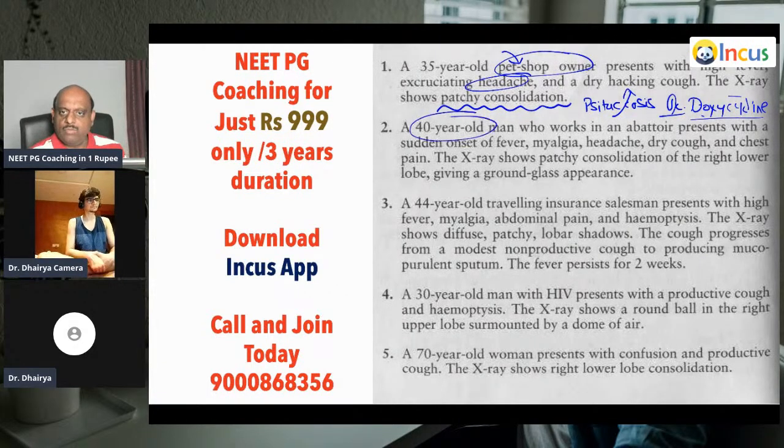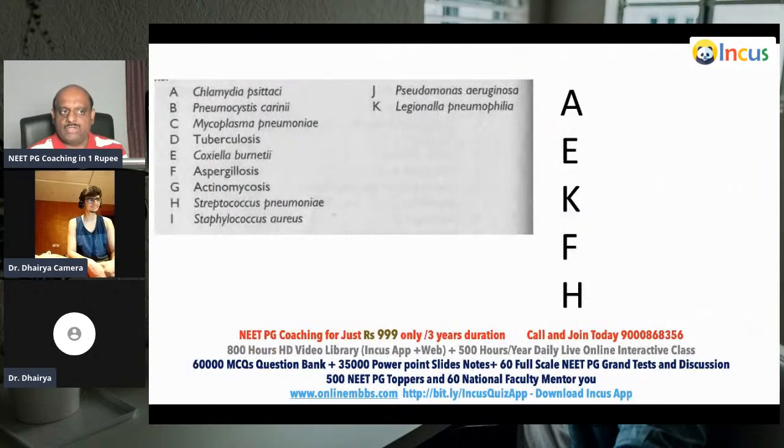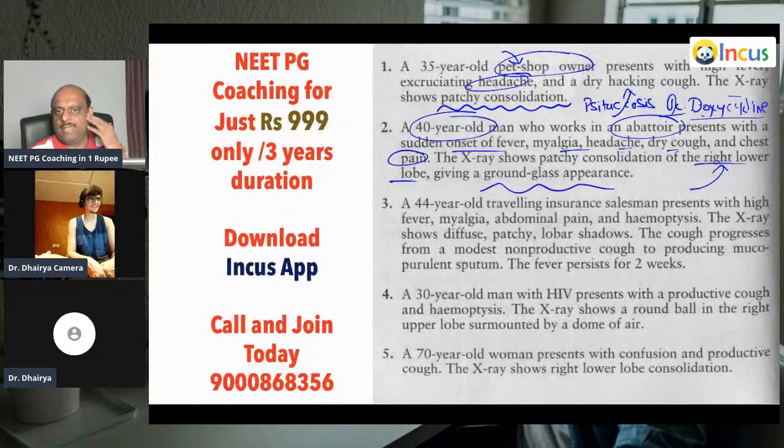Now, a 40-year-old man who works in an abattoir, matlab mutton shop, presents with a sudden onset of fever, myalgia, headache, dry cough, and chest pain, and X-ray showing a patchy consolidation of the right lower lobe, giving a ground glass appearance. So, what is an important diagnosis that you want to make in this given case?